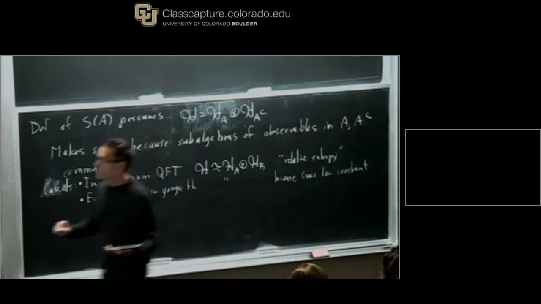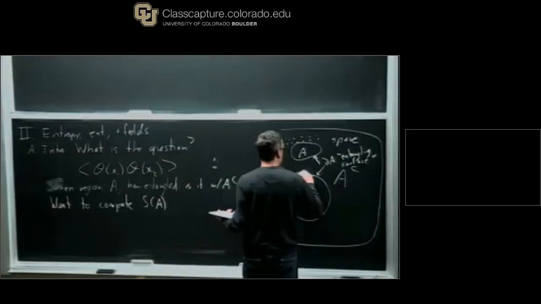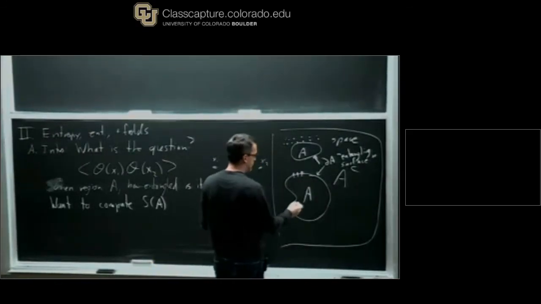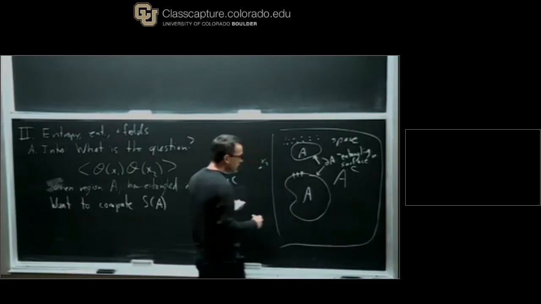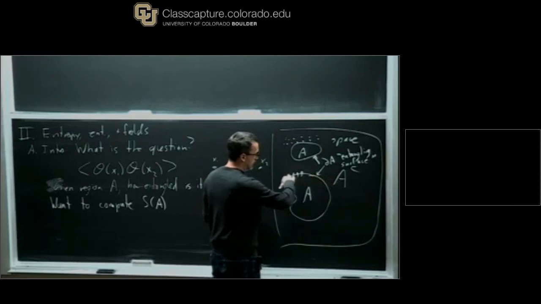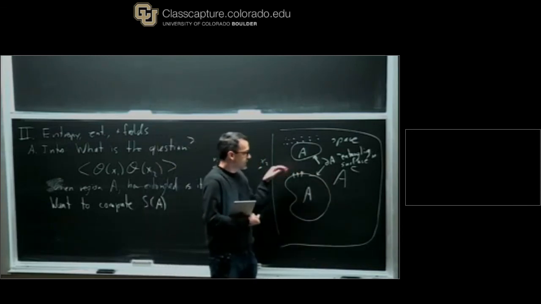So if you know the electric field on the boundary here, from the point of view of the inside, that fixes the electric field in A complement on the neighboring lattice edges, basically, or it constrains the electric field on the neighboring lattice edges.